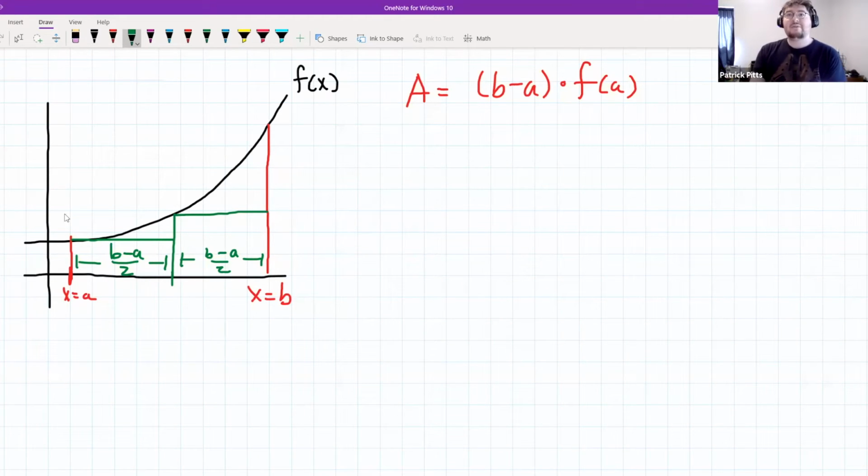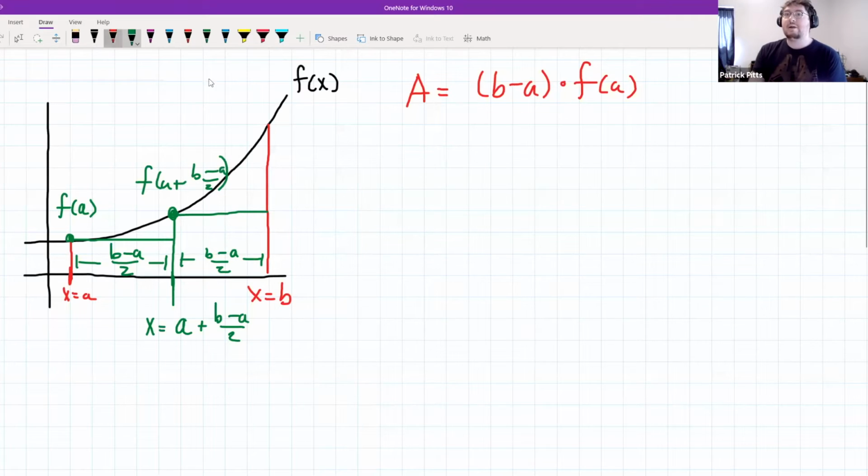The height of the first rectangle is pretty straightforward, still just f of a. But the second rectangle is going to get a little weird. This x position here is going to be x equals a plus b minus a over 2. Algebraically correct, if kind of a pain. So it's f of a plus b minus a over 2.